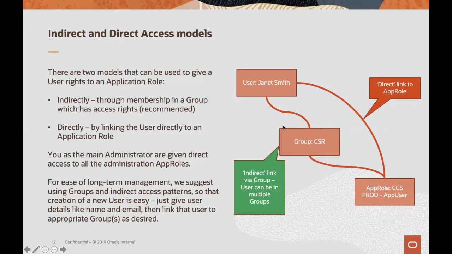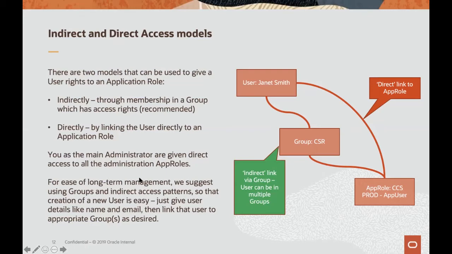And then anyone who joins that group gets all the access rights that are granted to that group. And it's just a bit easier to manage, since you know that everyone who's part of the CSR group can be managed in one place by changing the rights of that group. And we call that indirect access when it's via a group.